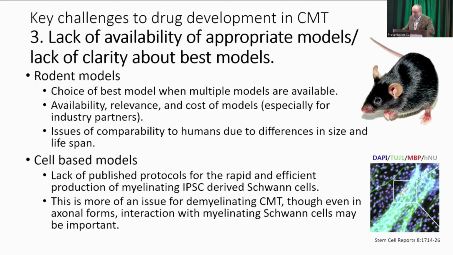This is obviously more of an issue for studying the demyelinating forms of CMT, but while there are much more successful models based on neuronal differentiated iPSCs, you really aren't getting a full picture about any neuropathy unless you also have a myelinating Schwann cell. So I think it's an issue also for axonal forms of CMT.